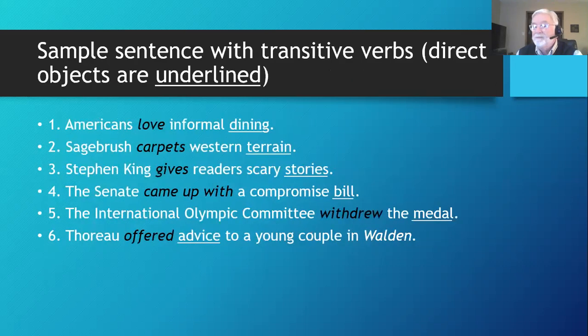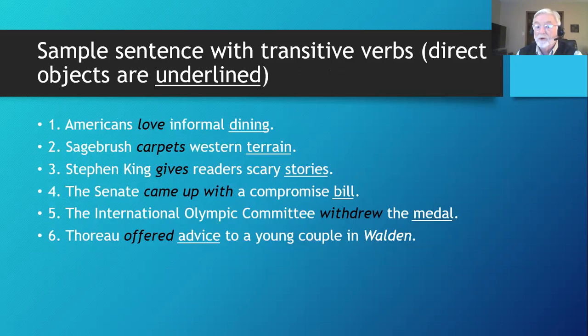Here are some sample sentences with transitive verbs. And remember, a transitive verb is only transitive because it has a direct object. Americans love informal dining. Sagebrush carpets western terrain. Stephen King gives readers scary stories.